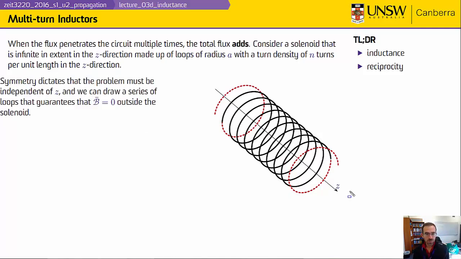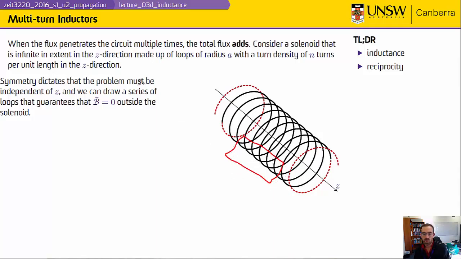When I look at it, we're going to first of all treat this inductor as being infinite. So if I have this infinite inductor, what that tells me is that I can draw a series of loops that have part of the loop inside the solenoid and part of the loop outside the solenoid.